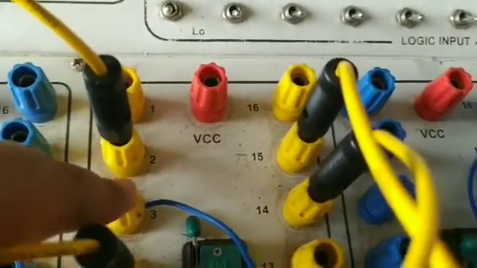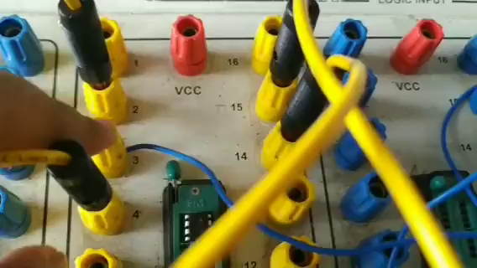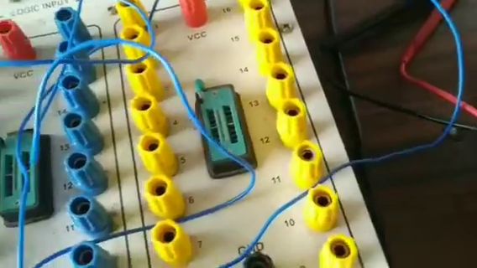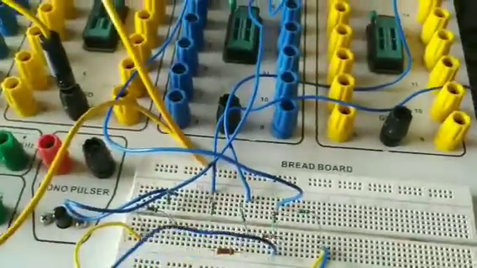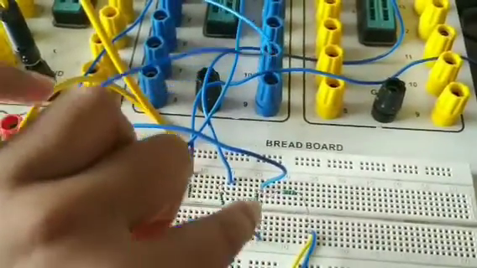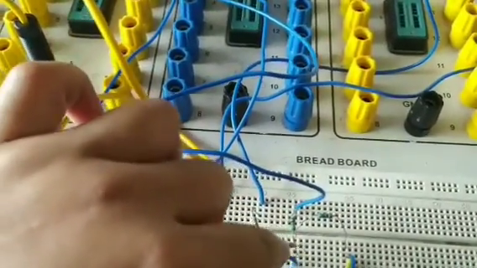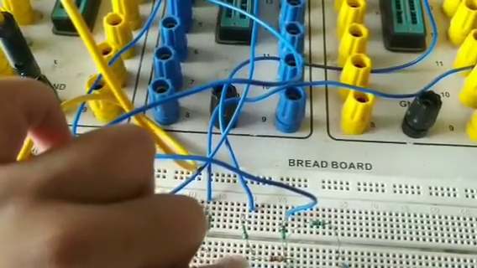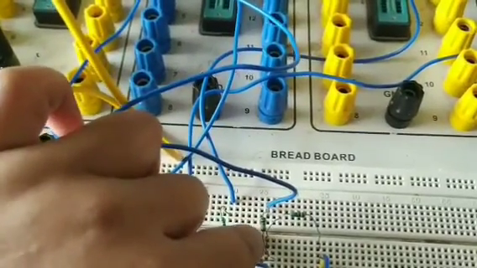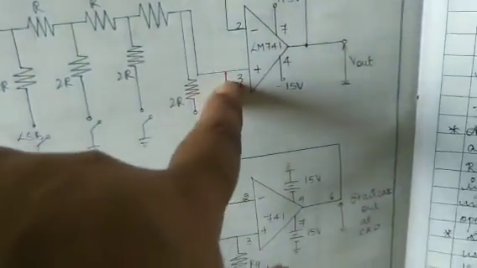So at pin number 3, I have to connect two 20Ks and one 10K. This wire is from pin number 3. I should connect two 20Ks and one 10K. So pin number 3 wire, 10K, two 20Ks, all the four should be connected on the same horizontal line. So that completes this pin number 3 connection.